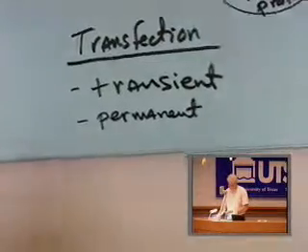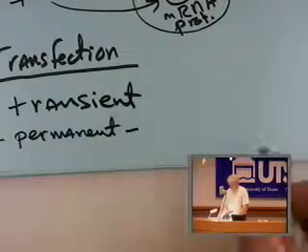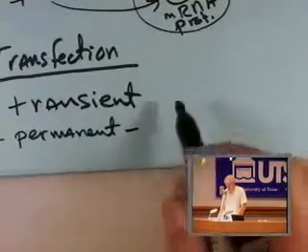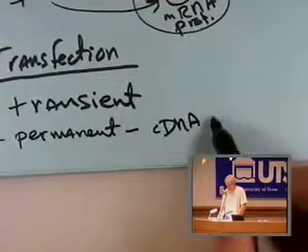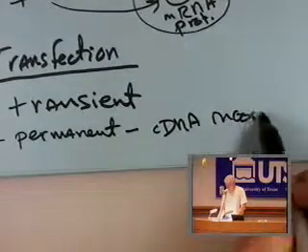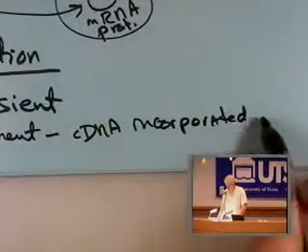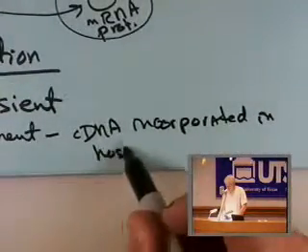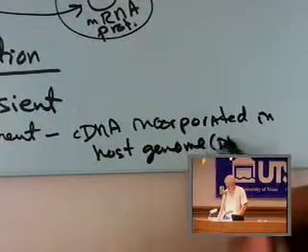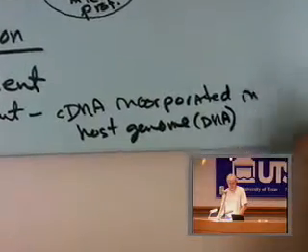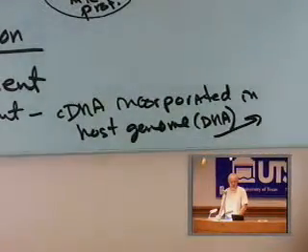And so obviously the difference here is that with permanent, we'll just contrast them by saying that with permanent, the cDNA of interest is obviously incorporated in the host genome or DNA, and therefore with replication is passed from generation to generation.